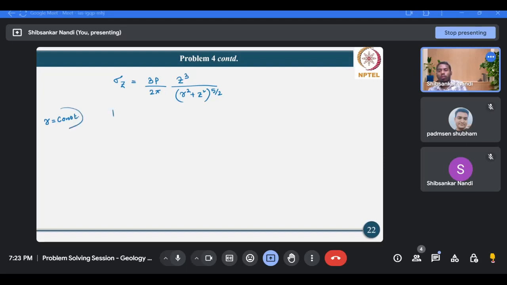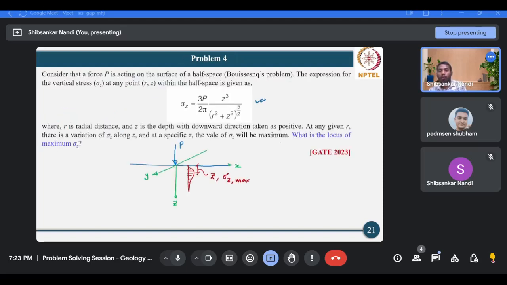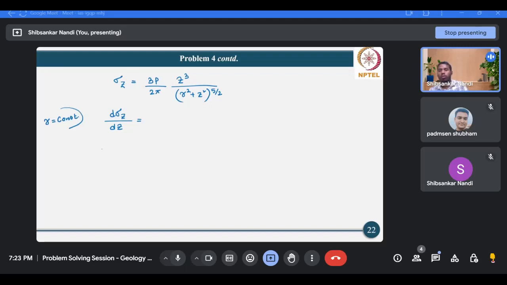Therefore, on a vertical plane, if you have to locate the z coordinate of that point, you have to differentiate this distribution with respect to z to get the maximum value of sigma z. This is from simple mathematics.